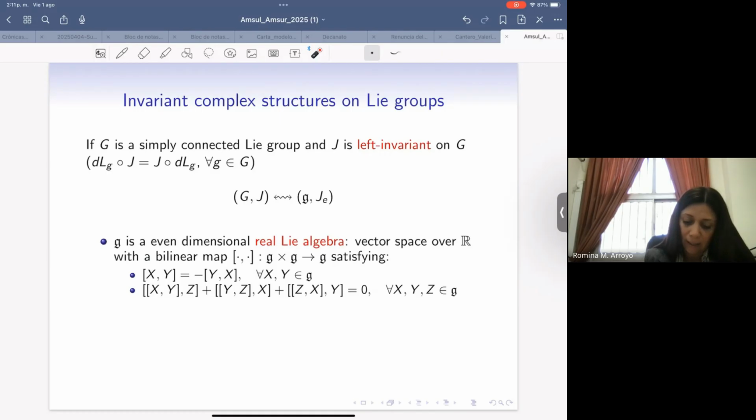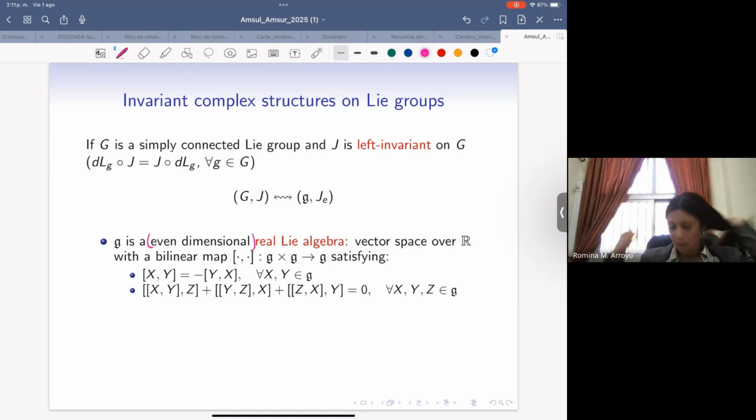And you can have a Lie algebra associated to this Lie group. So here I wrote the definition of a Lie algebra. I wrote even dimensional because we are interested in even dimensional Lie algebras, but this is not part of the definition.